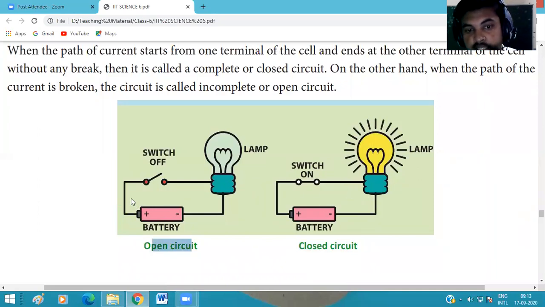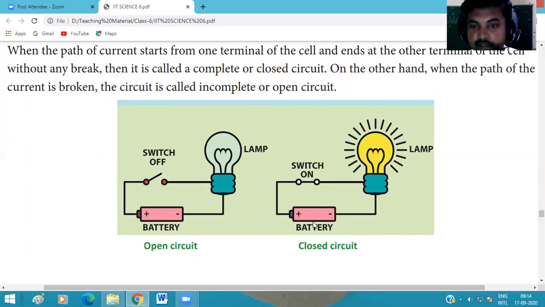And in a closed circuit, when the wire is touched or connected, the current flows continuously, reaches the bulb, moves through the bulb and reaches the negative terminal of the battery. So the bulb glows, the lamp glows, as we see here. When the switch is on, the circuit is called closed.